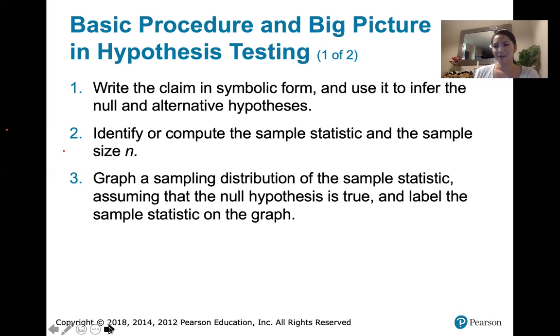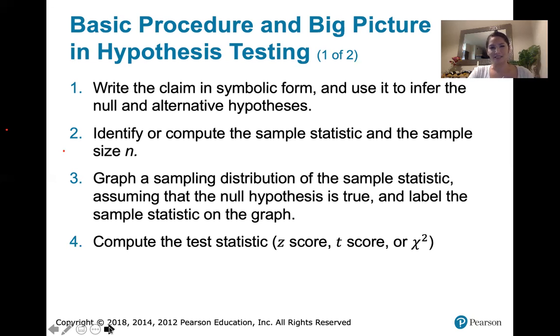If something is happening in reality and it's very improbable, it might be the case that our assumptions are incorrect. So in that case we say, let's reject the null hypothesis. We're deciding whether or not to reject the null hypothesis on the basis of whether that sample statistic is significantly high or significantly low, given the significance level that we're going to choose, which we're going to talk about in a little bit.